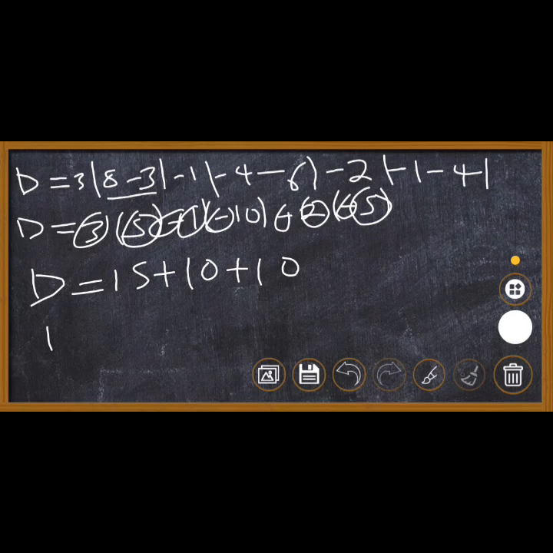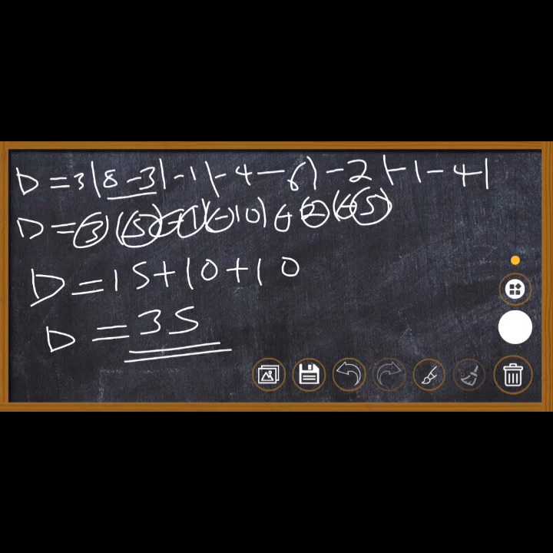So our general determinant is going to be 10 plus 10 is 20, and then 20 plus 15 is 35. So this is our general determinant, 35. Make sure that you take note of this and keep it somewhere, because you're going to need it later in this video to find the values. So this is the general determinant.